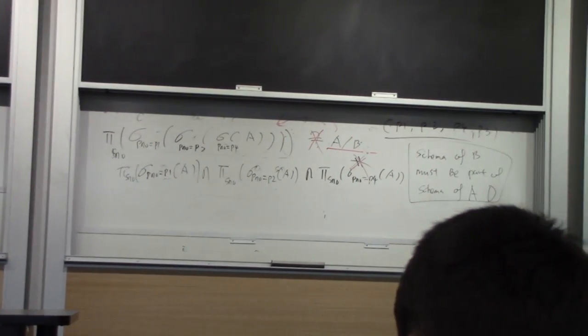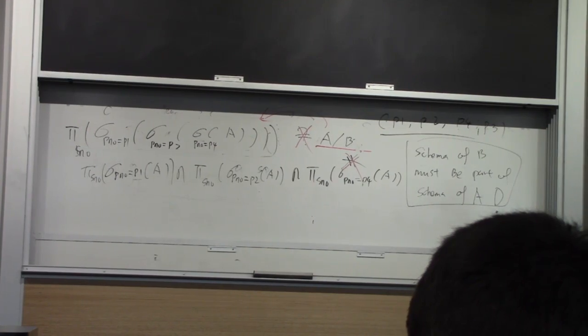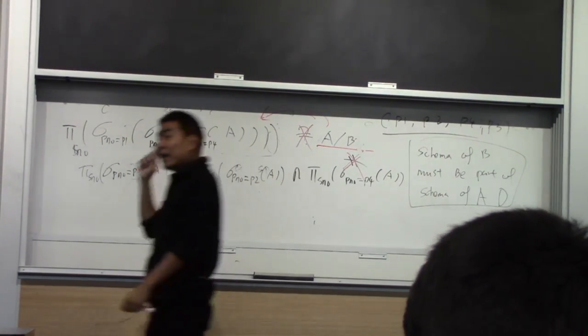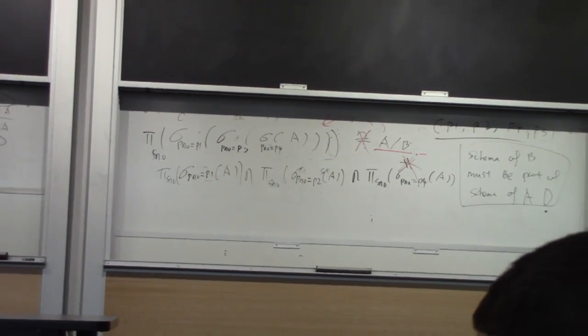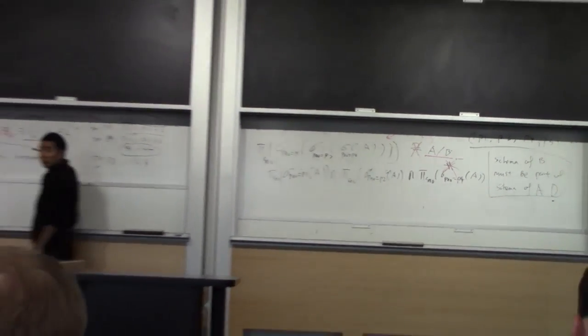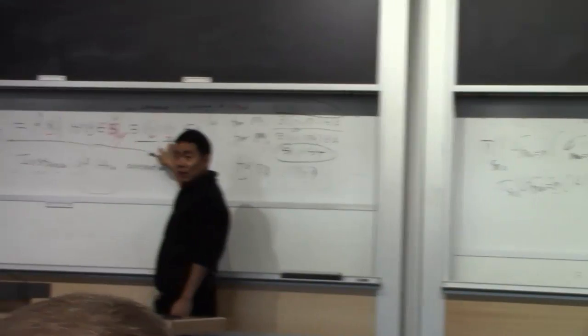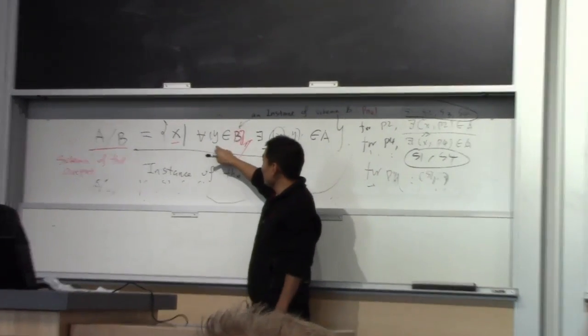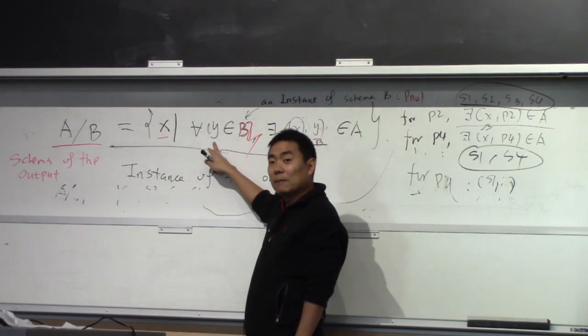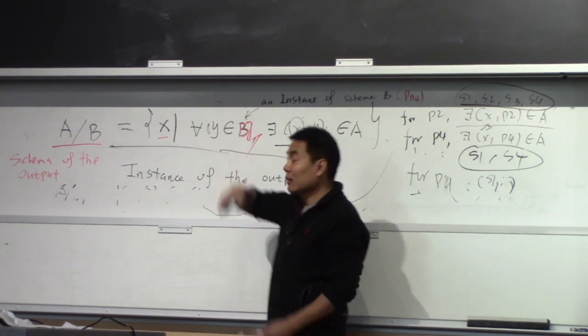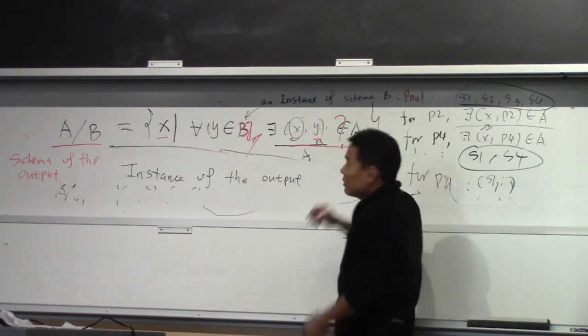Why? Because if the schema of B is not part of the schema of A, this will never be true. If the schema of Y is not even part of A, meaning there are some attributes in Y that never appear in A, how can this be true?